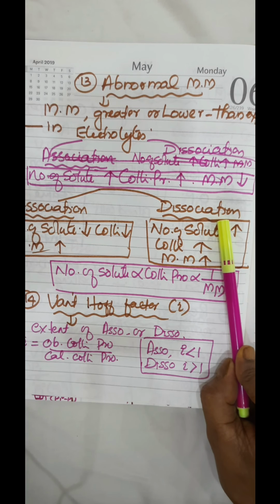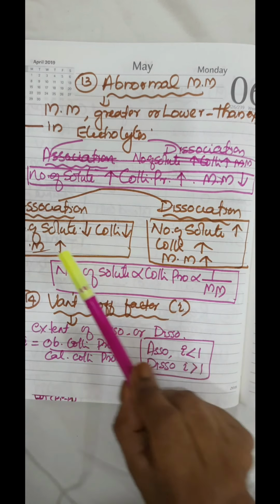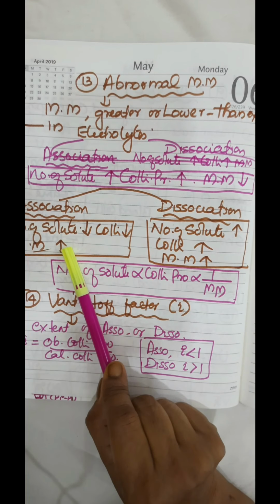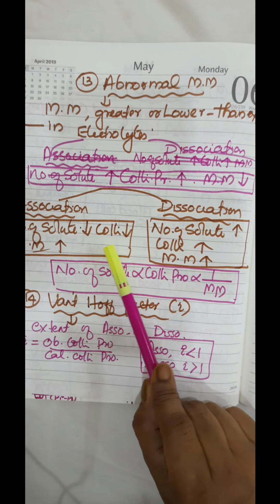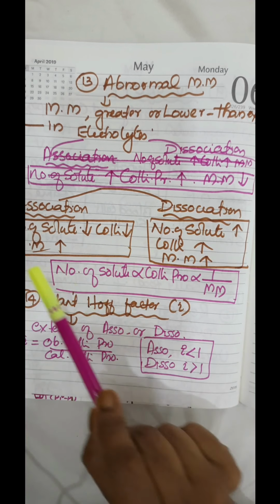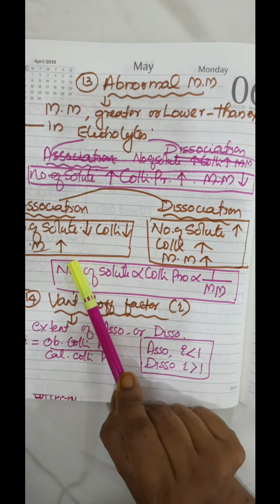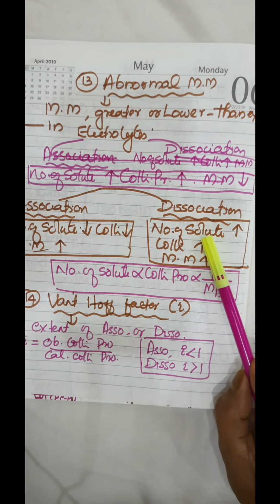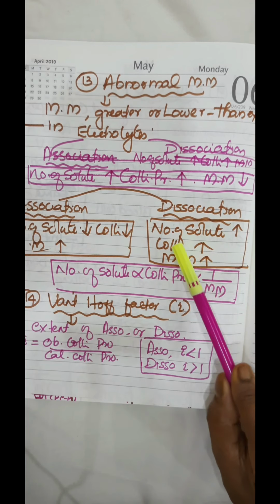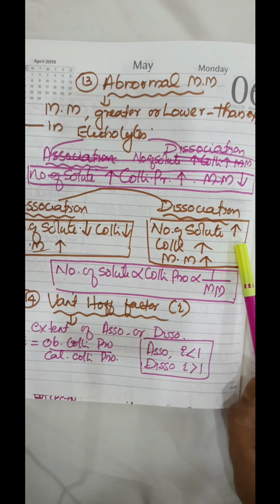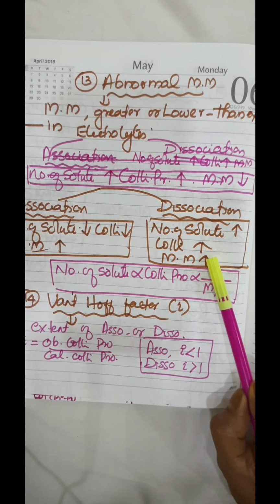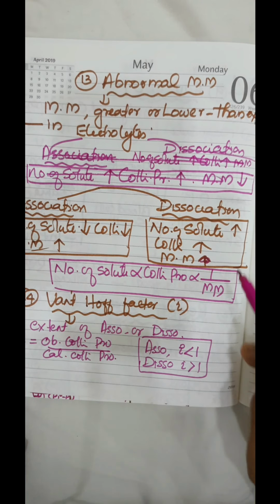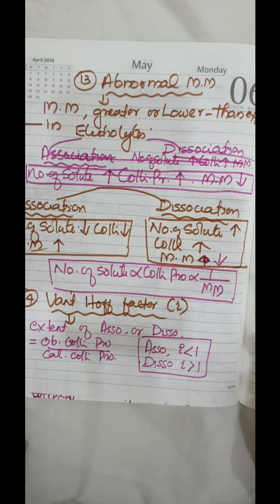In the case of electrolytes which undergo association, the number of solute particles decreases, so colligative property decreases and the molecular mass increases. In the case of electrolytes which undergo dissociation, the number of solute particles increases, so colligative property also increases and the molecular mass decreases.